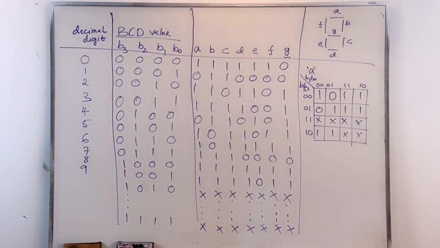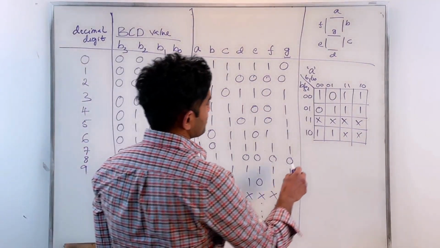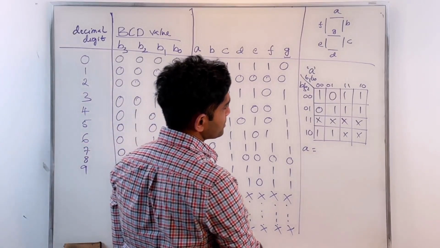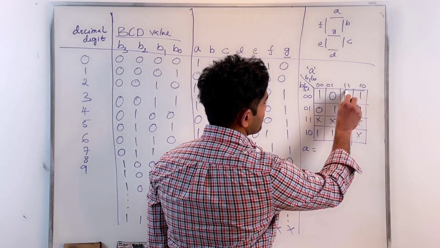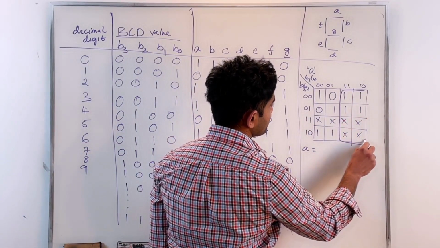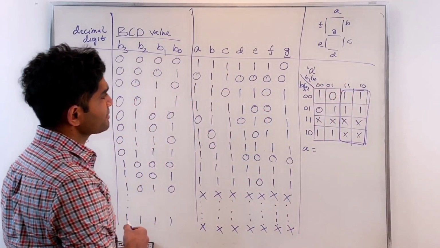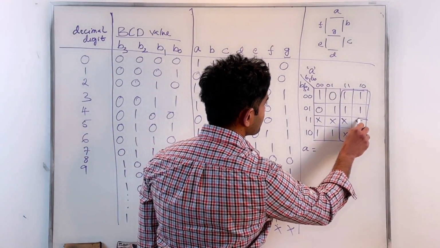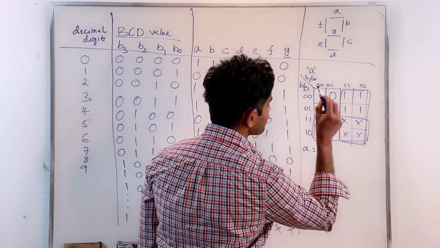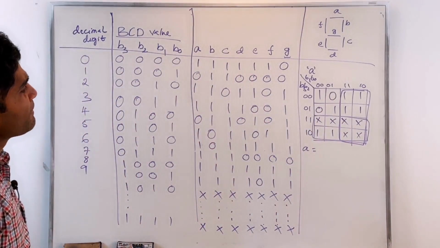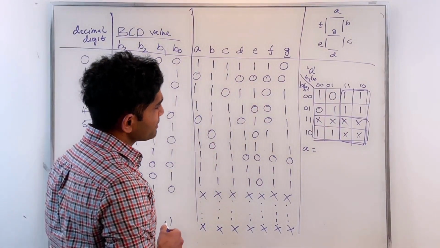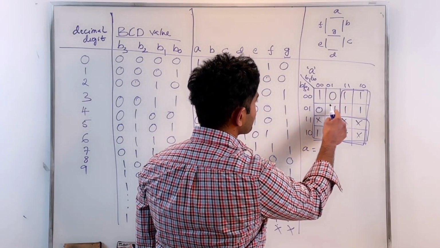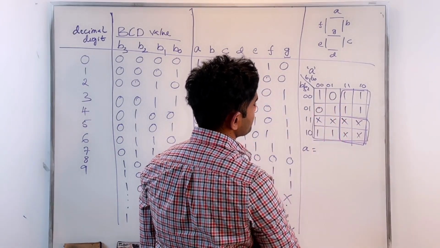Okay. And what do I get for A? So my A would be, if I combine these into a combination of 8 adjacent cells, I can combine these two again into a combination of 8 adjacent cells. I still have to account for this one and this one.